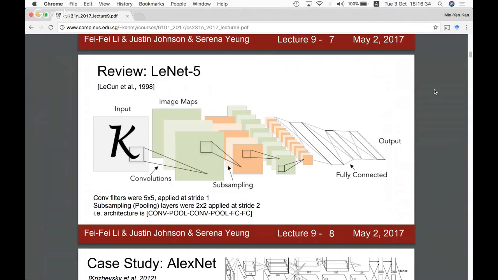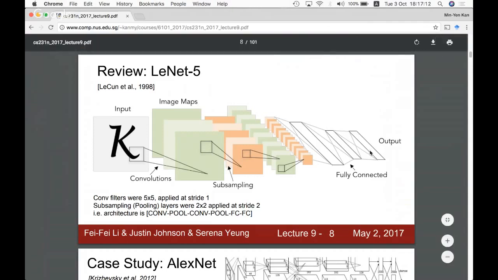LeNet was created by Yann LeCun in 1998, and it was the first time a CNN was used for image recognition, but the dataset was not so large. It is a simple implementation with only 2 convolutional layers and 3 fully connected layers, which is why the architecture is named LeNet-5.